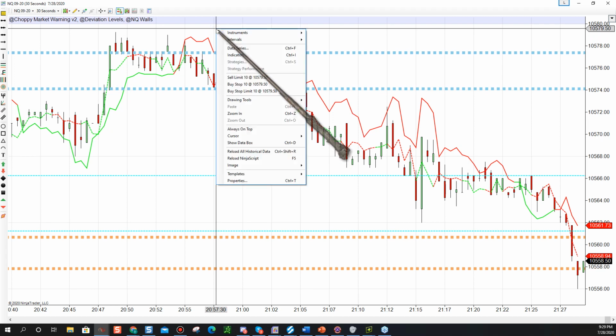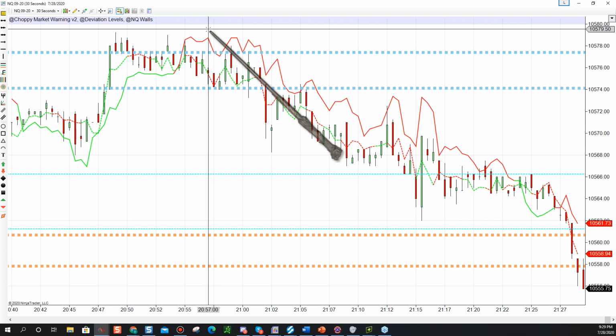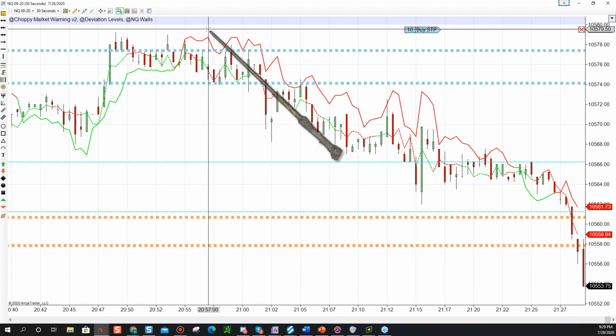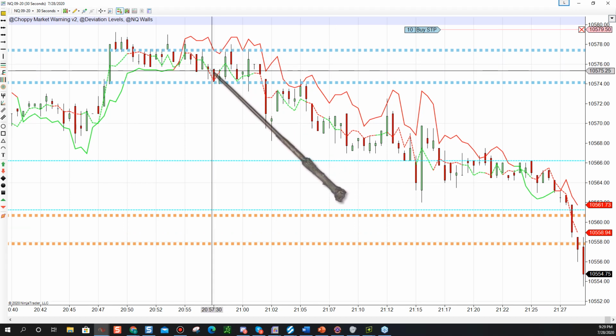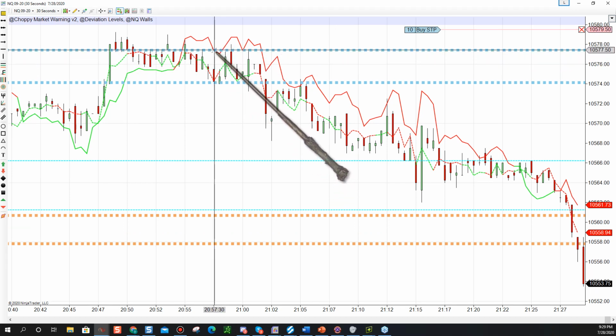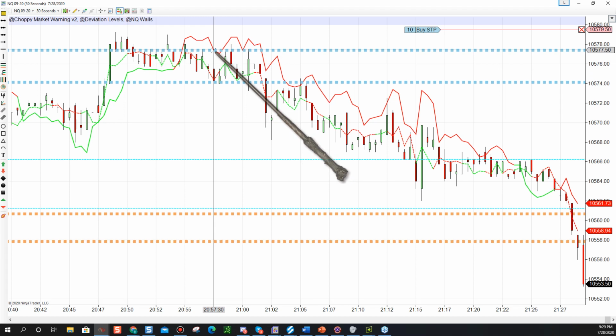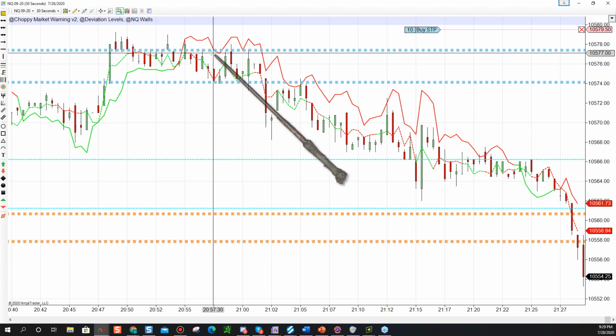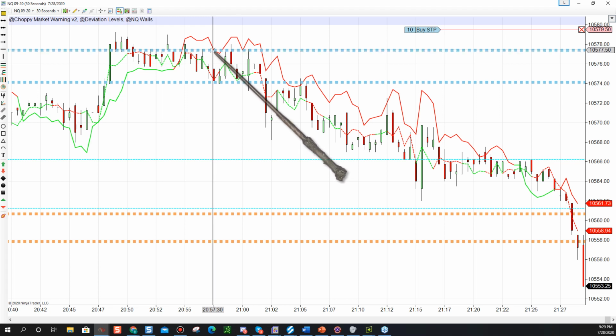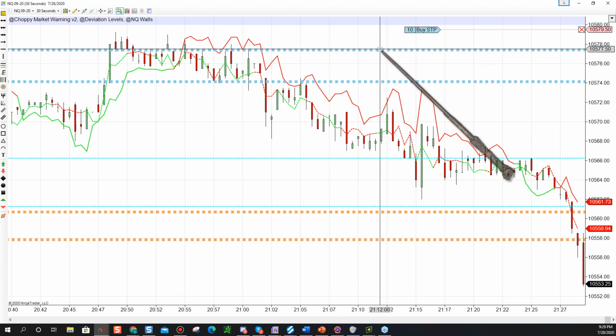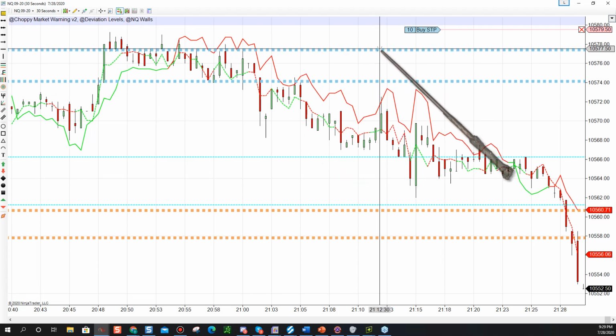So I'll put like a buy stop, up here. The stop is if it closes above that level. If it closes above this level, then I will hit my close button.